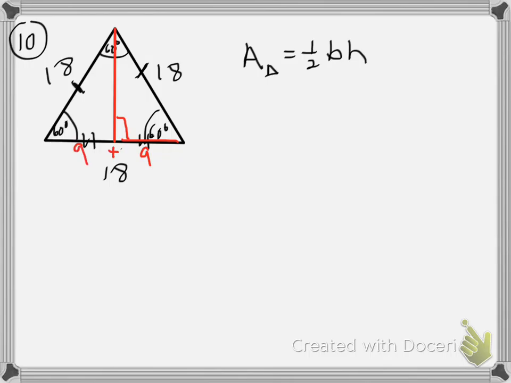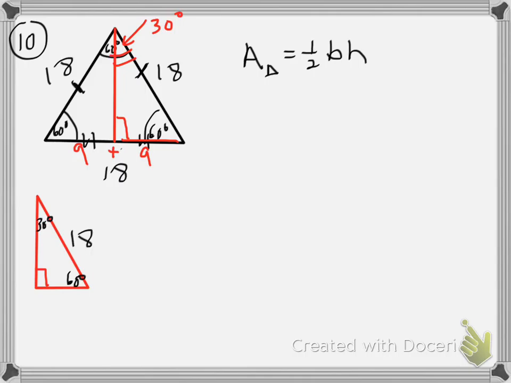It also turns out that this 60-degree angle gets cut in half and becomes 30 degrees. So if I redraw this, sorry, that wasn't very neat, so I'll redraw that triangle. It looks something like this. We've got the right angle here, this is 30, this is 60 degrees, and this is 18.